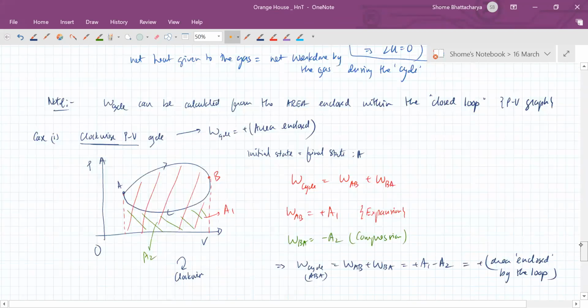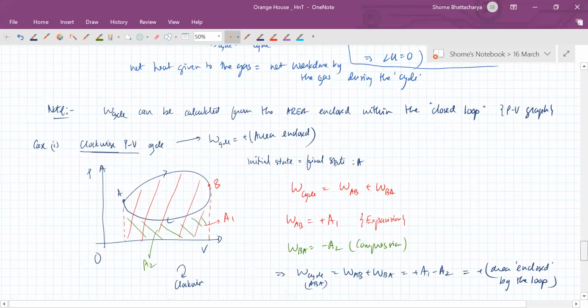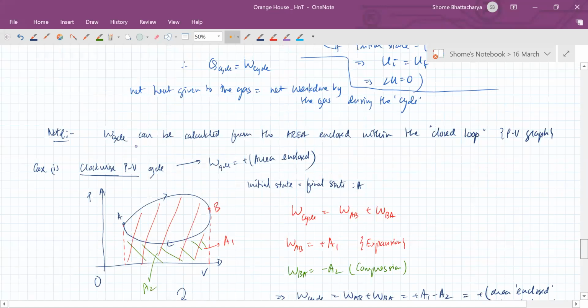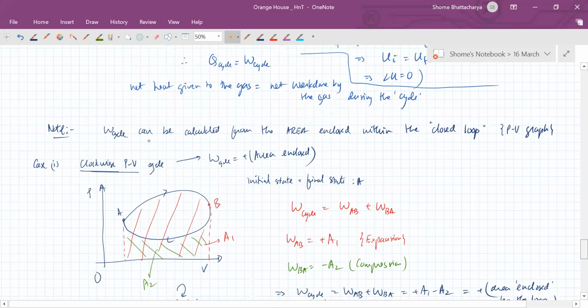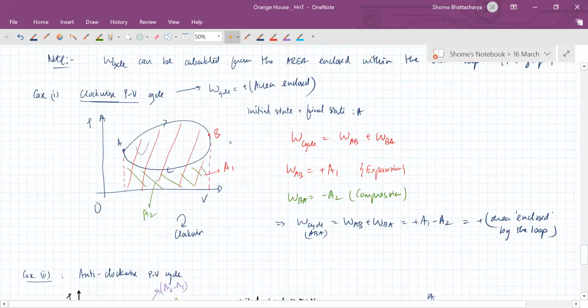Whereas in this case it is positive, because in this case when I do A1 minus A2, then I get this area here, this cycle, this A1 minus A2. It's positive of A1 minus A2. ठीक है. So hope this is clear.